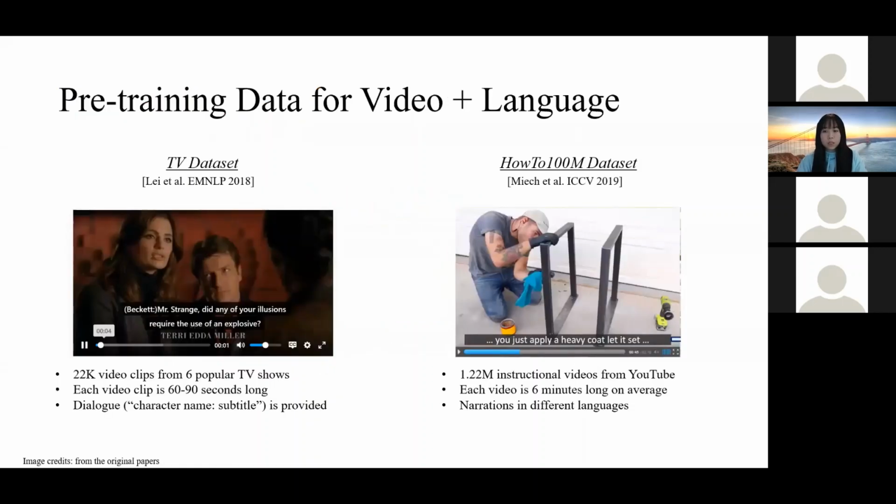There are two large datasets that provide both videos and their accompanying narrations or subtitles. One is the TV dataset with 22,000 video clips from 6 TV shows. Each video clip is 60 to 90 seconds long with subtitles.